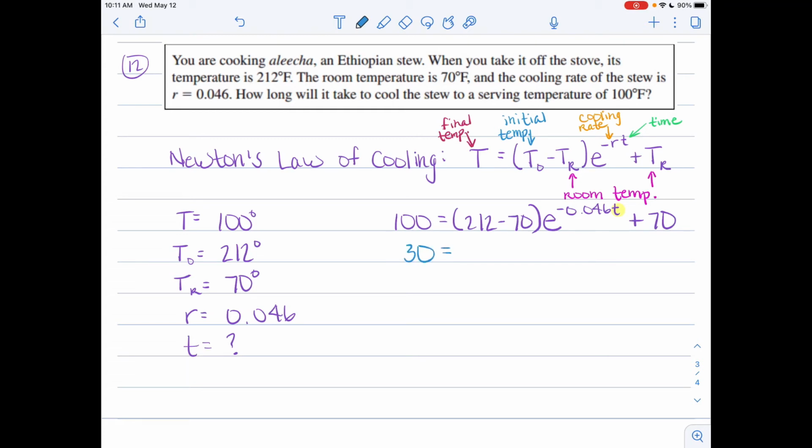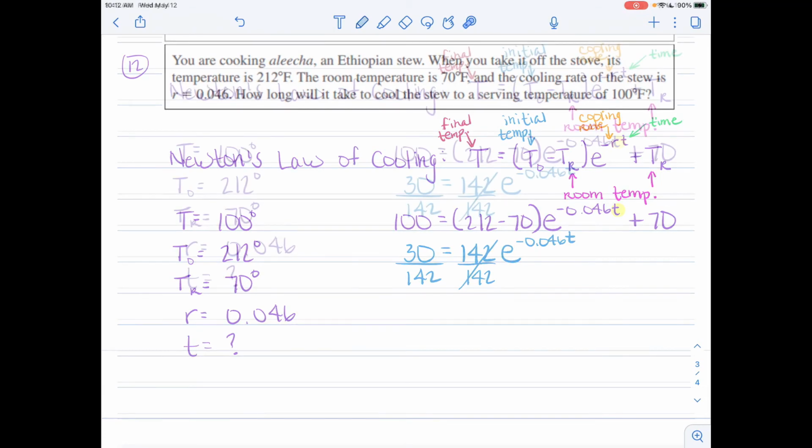And that's going to be equal to, let's go ahead and do this math, 212 minus 70 is 142. And then we have e to the negative 0.046 times t power. All right, continue isolating our exponent base. So I want to divide by 142. After I divide by 142, I will have my natural base e that is isolated.